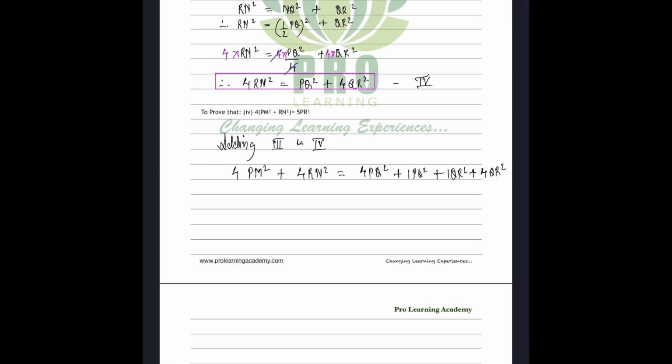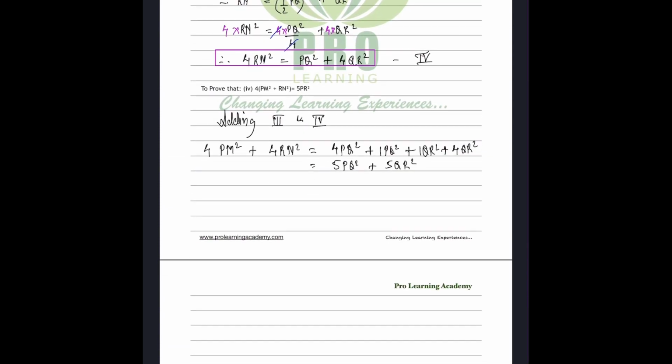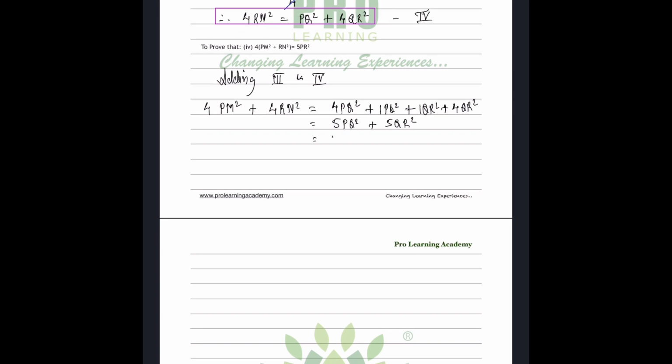So when we add them up, 4 plus 1 makes 5. It becomes 5PQ square plus 5QR square. If you look at the addition of these two, PQ square plus QR square gives me PR square. So I'll replace this with PR square. So this becomes 5 times PQ square plus QR square, which is equal to 5 times PR square.